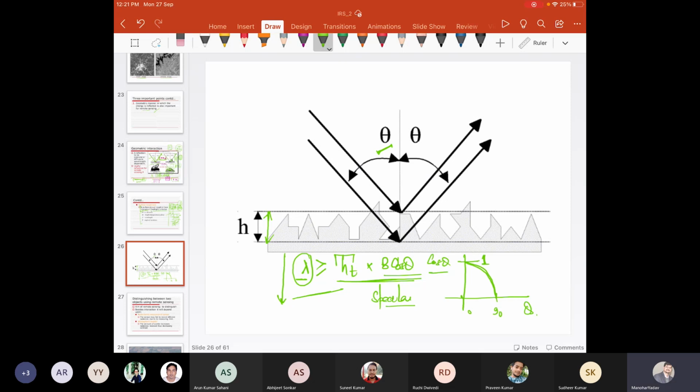If we imagine the Earth's surface, whether it is midday or sunrise or sunset, when you are imaging a surface at sunrise or sunset, theta will be large, close to 90. While at midday, theta can be equal to 0.